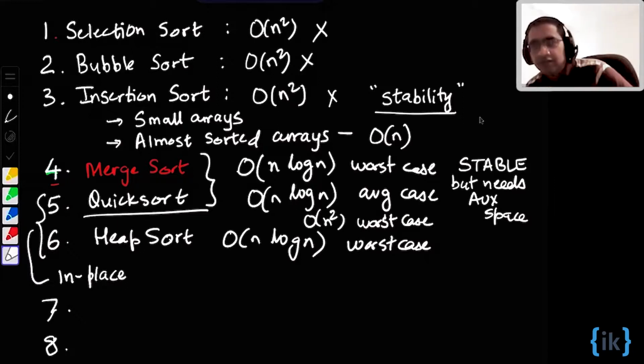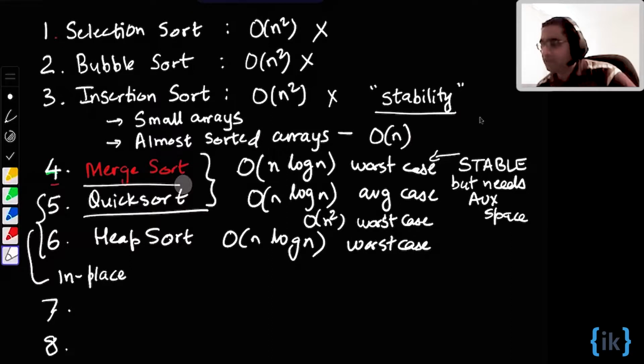Sujit? My question is, what is the trade-off between the space complexity and the time complexity? It's not clear, right? Because here you're using more space in merge sort, but if stability is needed, then there's no option.